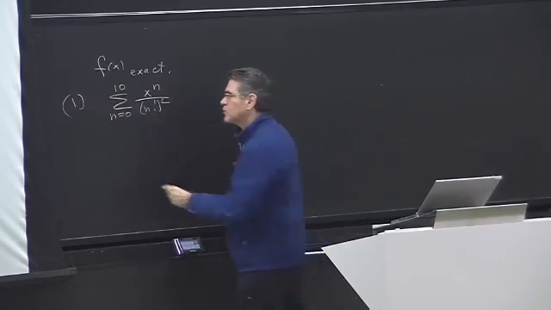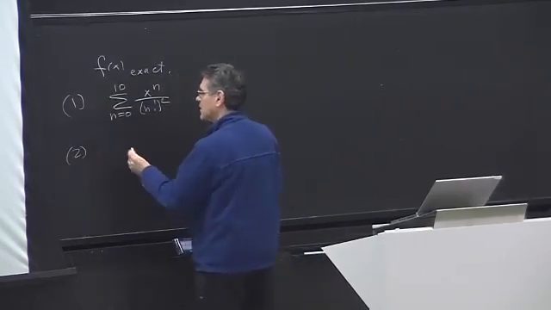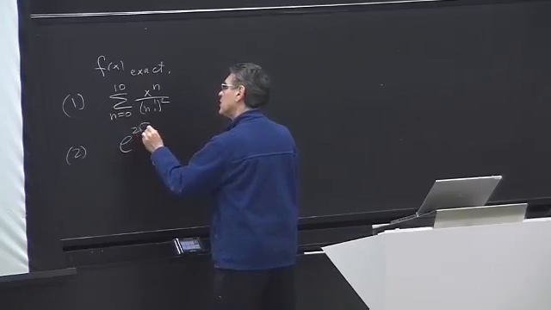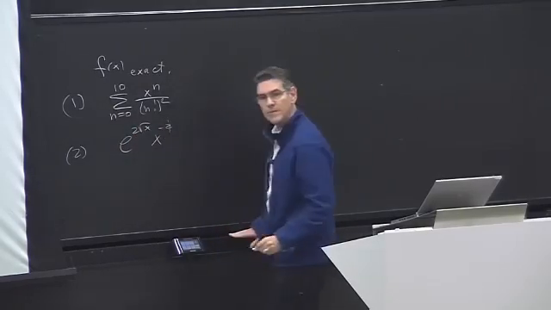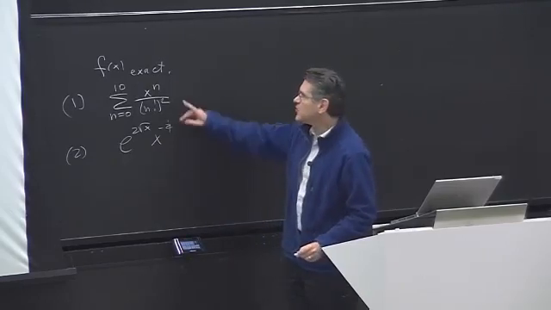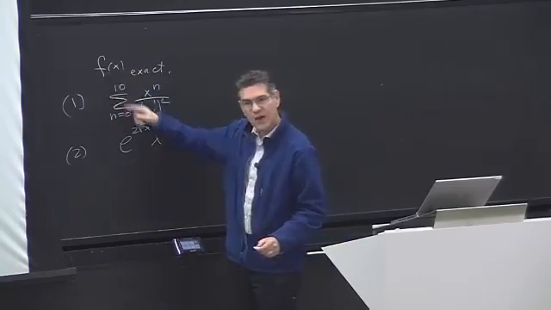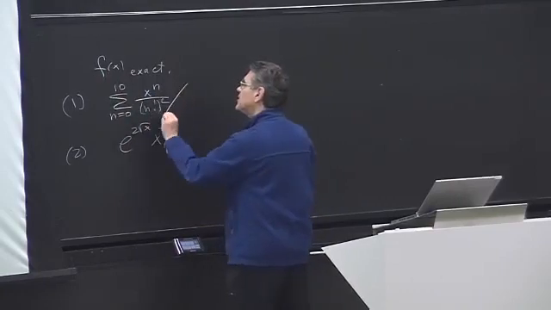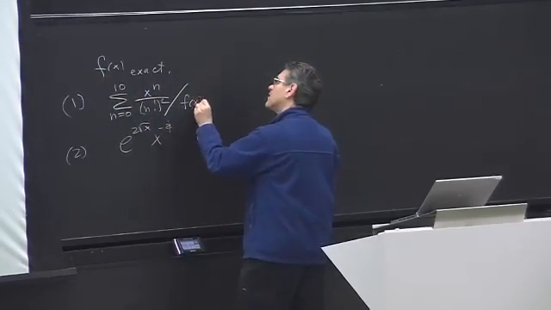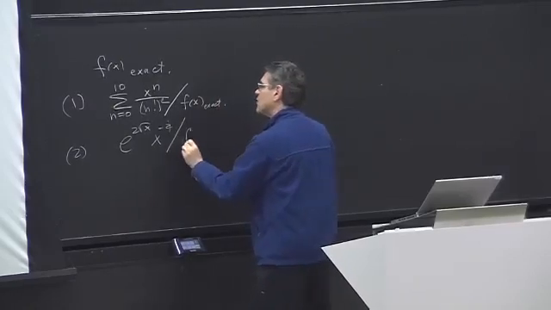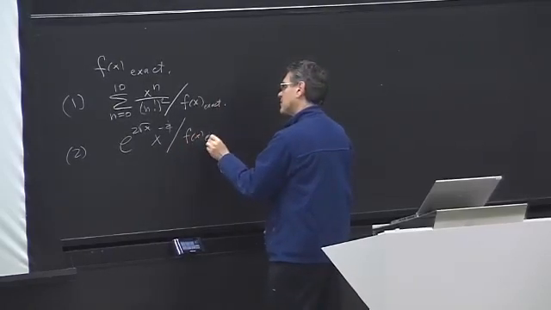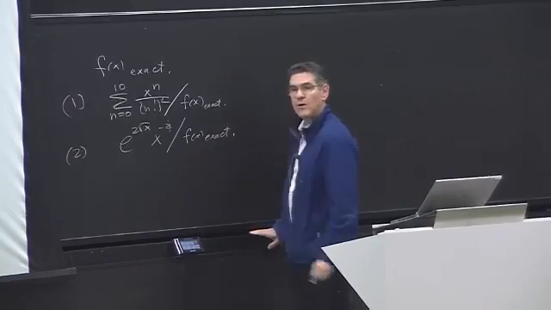And the second thing we will do is plot e to the 2 square root of x times x to the minus 1/4. To see which is a better approximation to f exact, we will divide this by f of x, the exact function, and we'll divide this by f of x, the exact function.